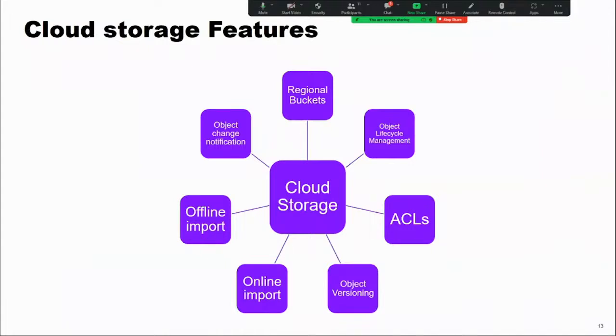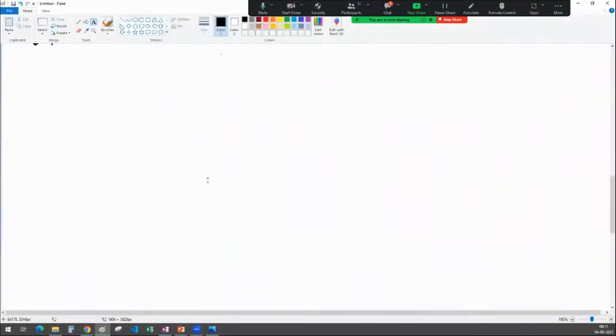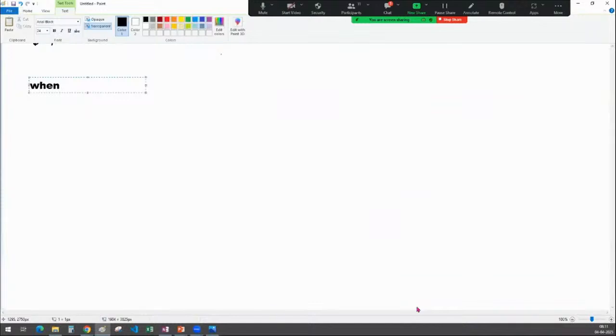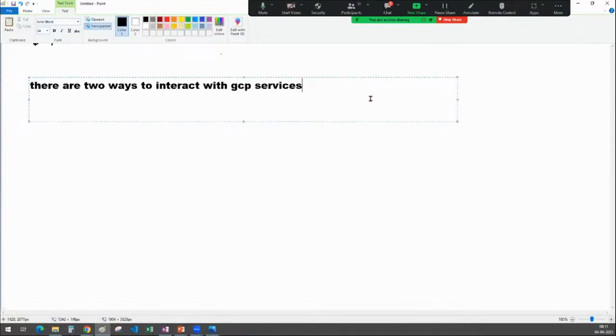Very important thing, I will write it here. There are two ways to interact with GCP services. There are more ways, but mainly two ways for me. In my classes, I will tell you there are two ways if you want to interact with the GCP services.